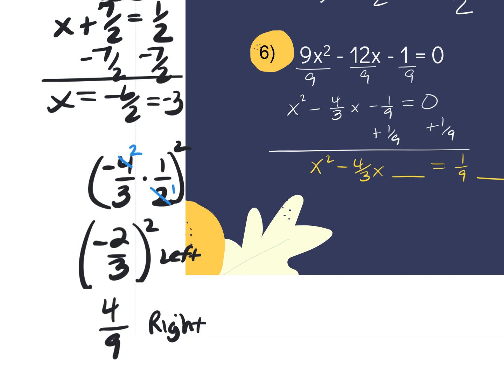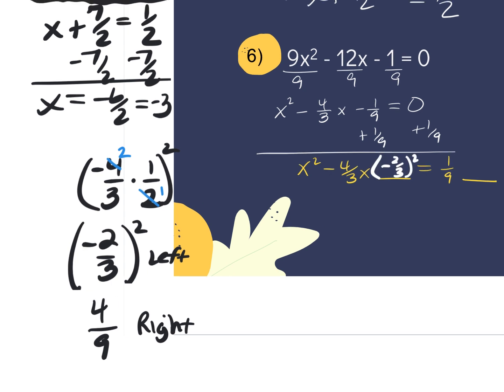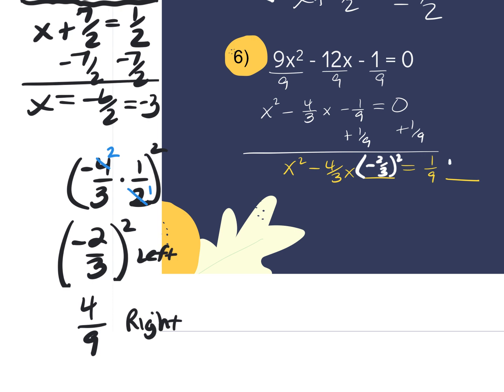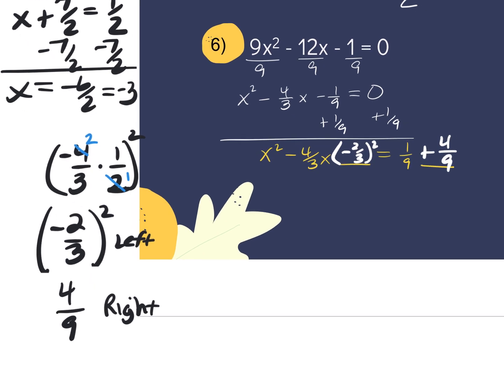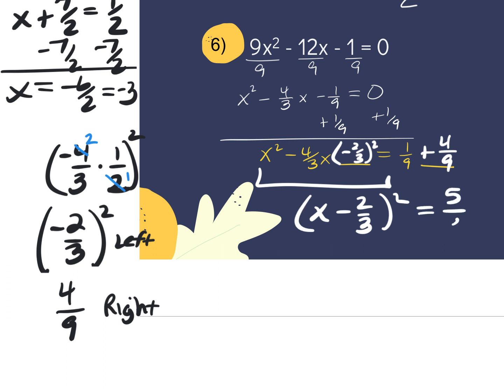So in here, I'm going to put the negative 2/3 squared, and then over here, plus the 4/9. So now when I factor the trinomial, this turns into x minus 2/3 squared equals, already has a common denominator, so it's 5/9.